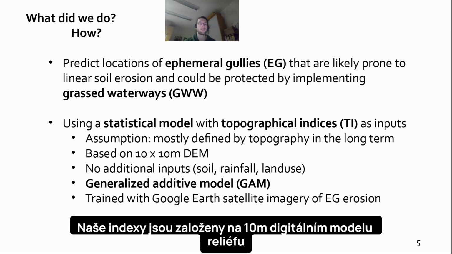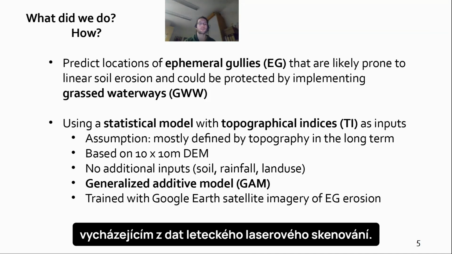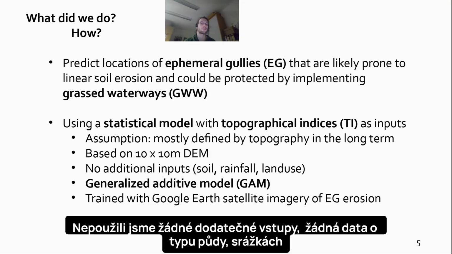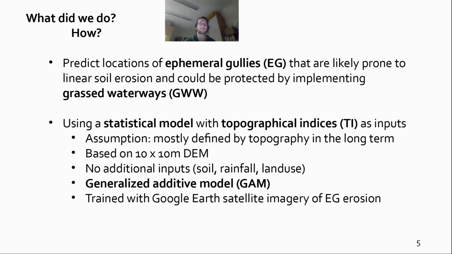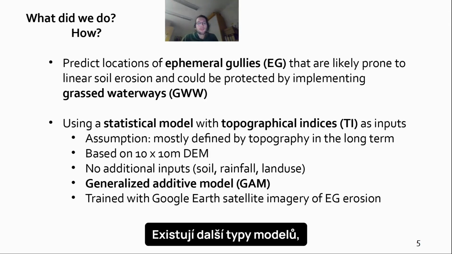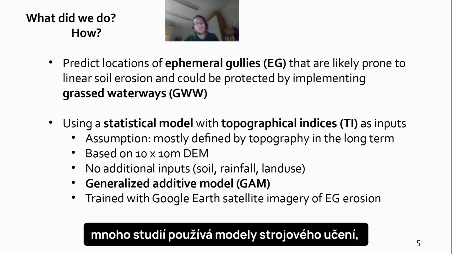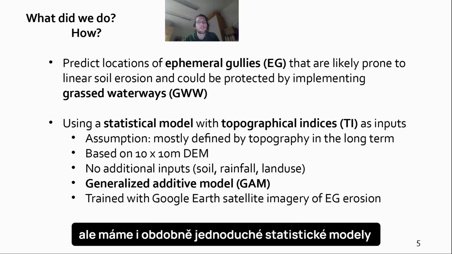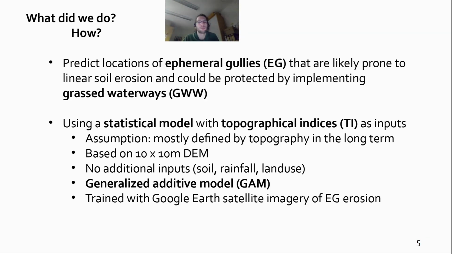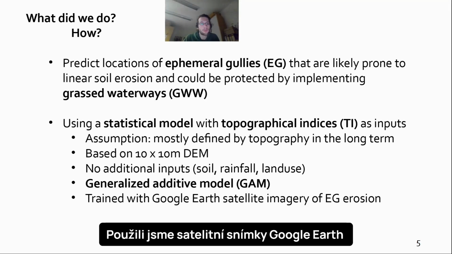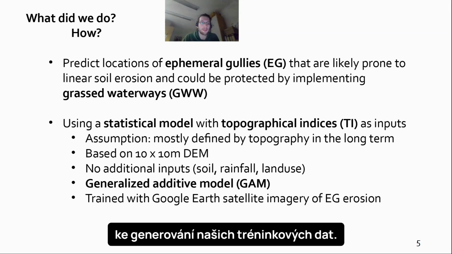Our indices are based on the 10-meter digital elevation model, which is based on airborne laser scanning data, and we used no additional input, so no soil data, rainfall or land use data. We used a generalized additive model. There are other types of models in use. A lot of studies use machine learning models, but there are also similarly simple statistical models in use, like generalized linear models. And we used Google Earth satellite imagery to generate our training data.